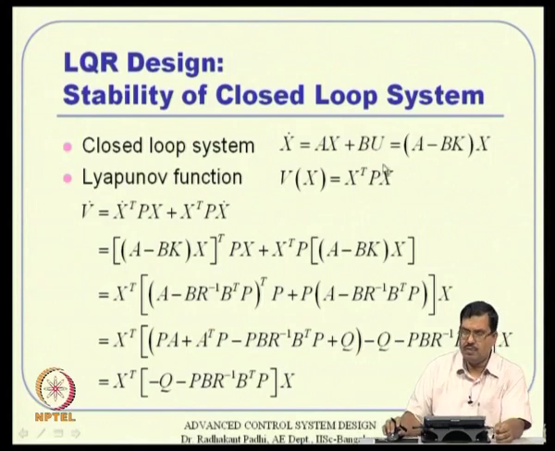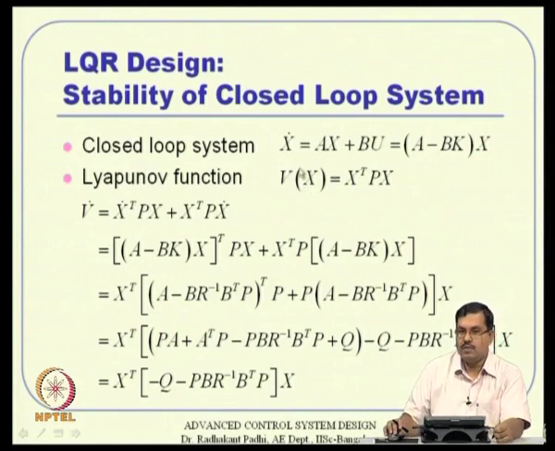If you have a homogeneous system like that, the way to use Lyapunov theory is to select a Lyapunov function V of x, which needs to be a positive definite function. As long as we select a positive definite P matrix, this particular function is certainly positive definite. Given a homogeneous system, we select a positive definite function, and somehow we make sure that the time derivative of this function is a negative definite function.